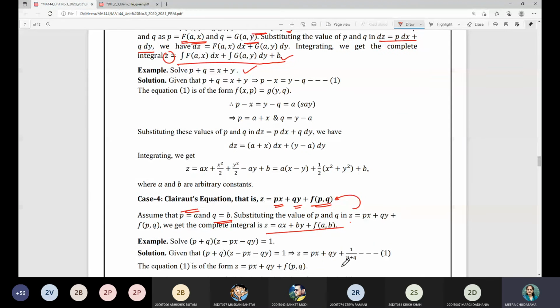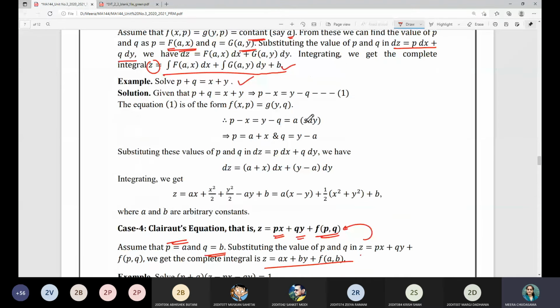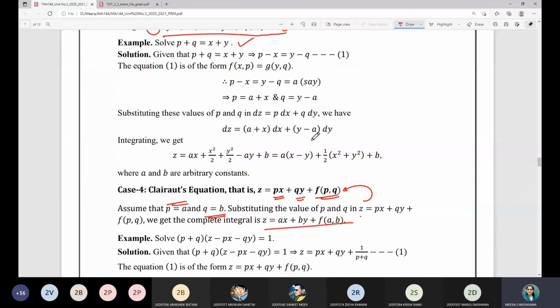Let me take one example based on this method so that you will say, madam, it is very easy.